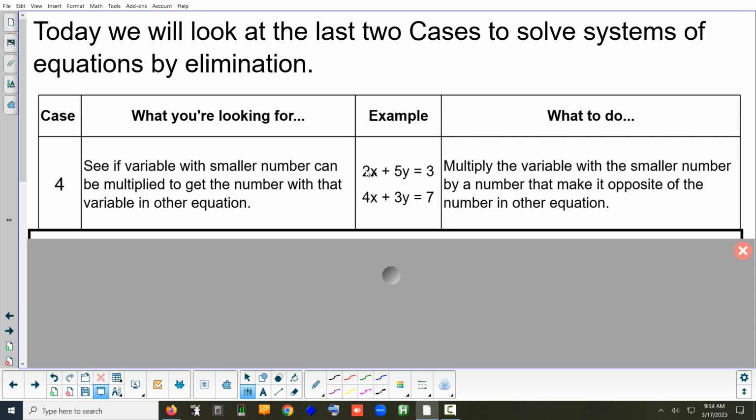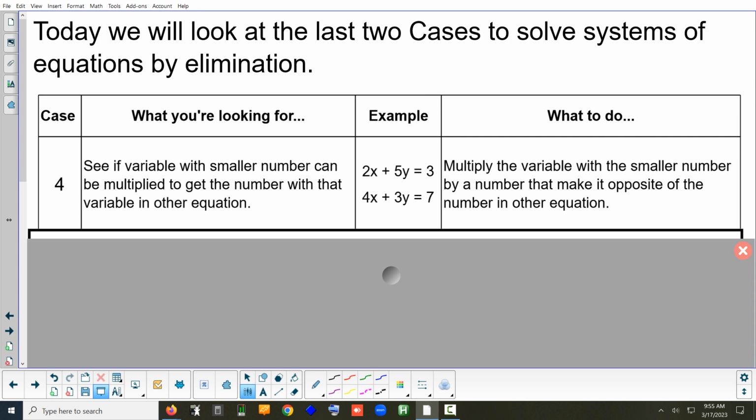Yeah, exactly, -2. So if you were doing this problem, you'd put a -2 in the box, and -2 would get multiplied to everything in the top equation. Because when you multiply 2x by -2, you get -4x. And then in the bottom, you have positive 4x. And then they cancel. So that's the step.